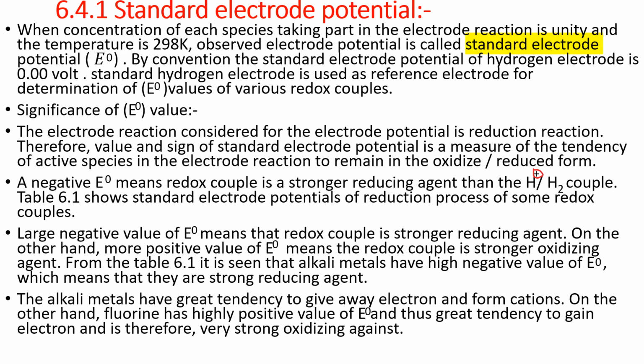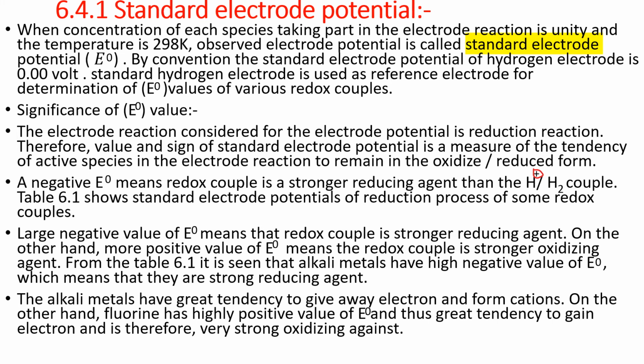A negative E0 means the redox couple is a stronger reducing agent than the H+/H2 couple. You have to simply observe Table 6.1, which shows the standard electrode potentials of reduction processes of some redox couples.